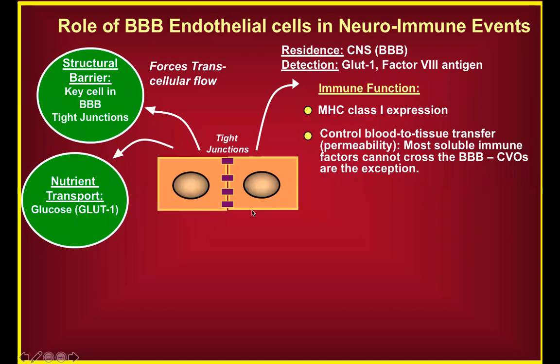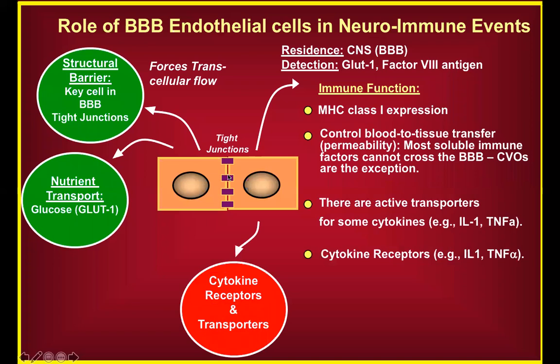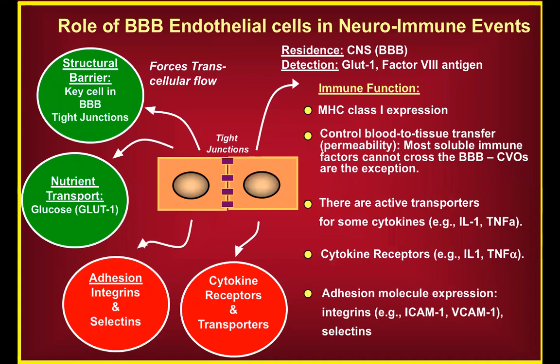When things do cross, they generally cross in between, coming between these tight junctions. There's also evidence of a lot of cytokine receptors on endothelial cells, things like IL-1 and TNF-alpha, and people also believe that there are cytokine transporters that transport cytokines across.